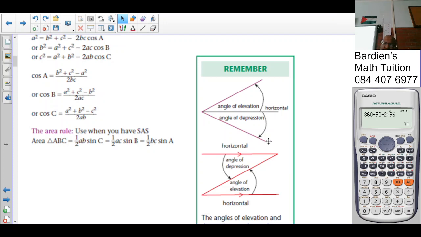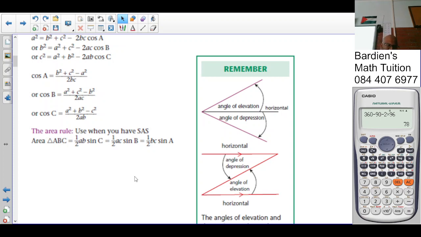The angle that goes down is depression, while the angle going up is elevation from the horizontal. And we also know that the angle of depression is alternate to the angle of elevation. The 2 angles are equal there.